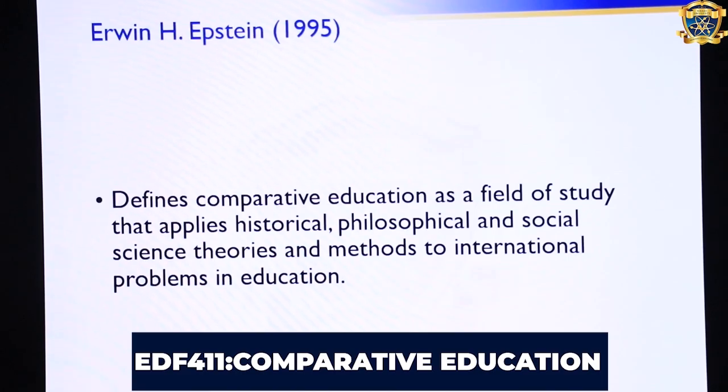Epstein described comparative education as a field where we use history, philosophy and social science methods to tackle international problems in education. And what does that really mean? When we face challenges in education, we don't just look at it from one angle or in one country. We draw on different disciplines and compare how other places are handling similar issues.